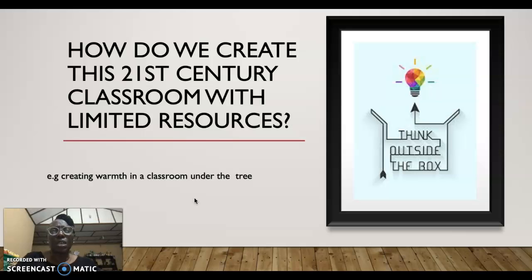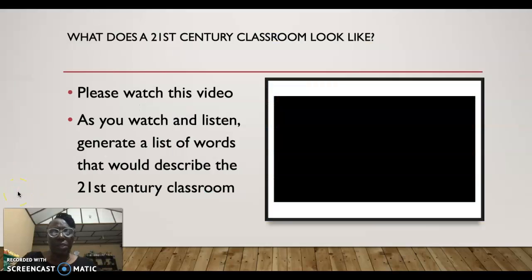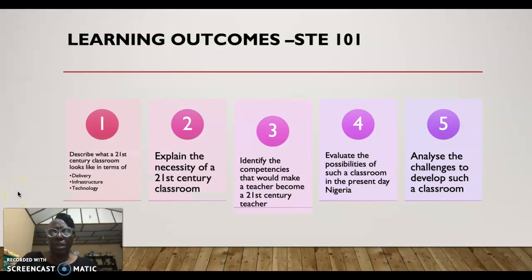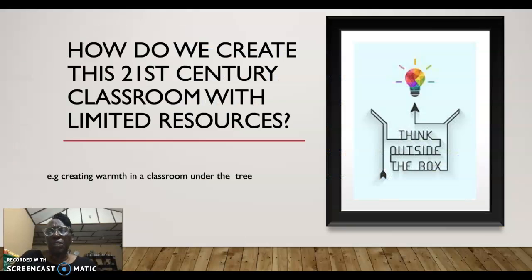We're talking about technology, we're talking about infrastructure, and we're talking about technology delivery. We're talking about the delivery also. So how do you create a warm environment in a space where the children have to sit on the ground? You really have to think outside of the box to be able to do that.